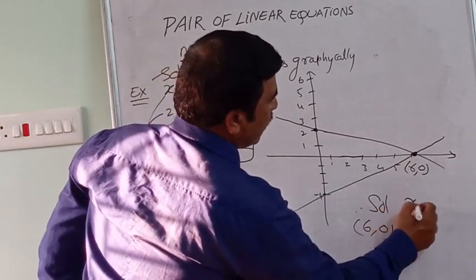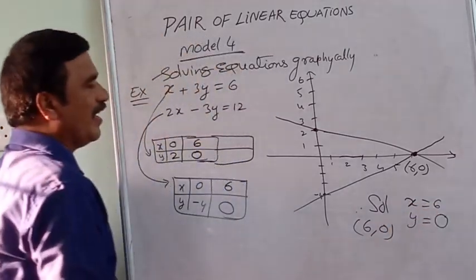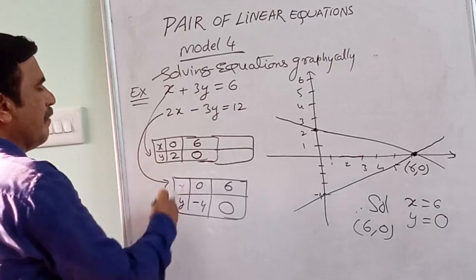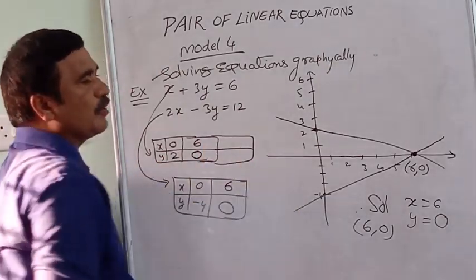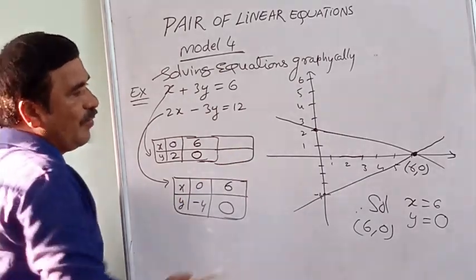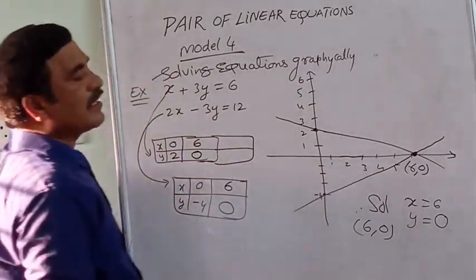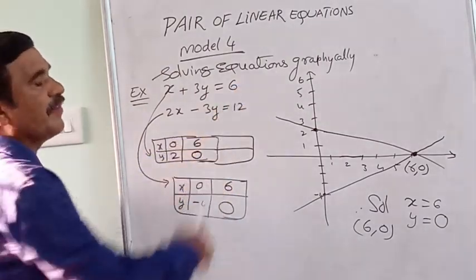That means x is equal to 6, y is equal to 0. Very simple. Make the tables with points, then substitute on the graph. Mark on the graph where they are meeting, that is the solution by the graphical method.